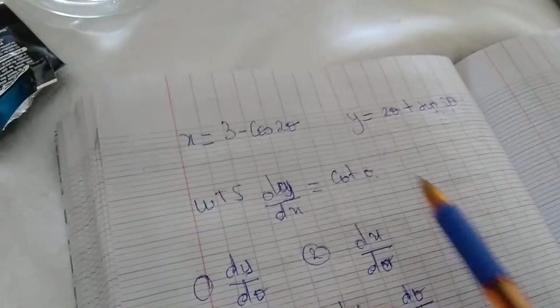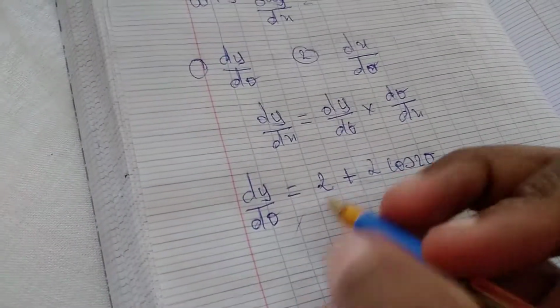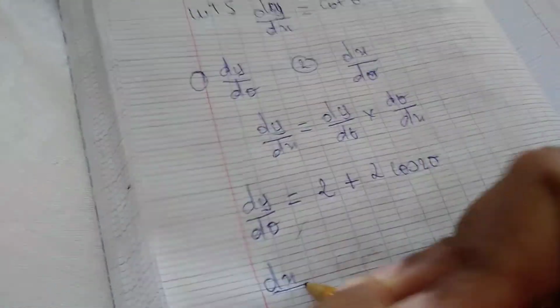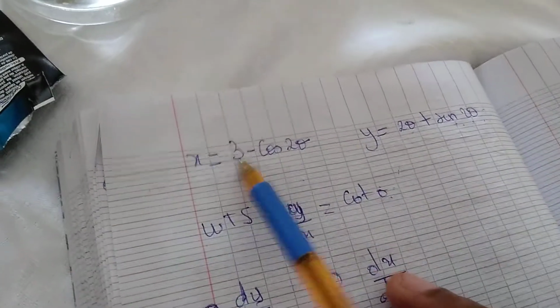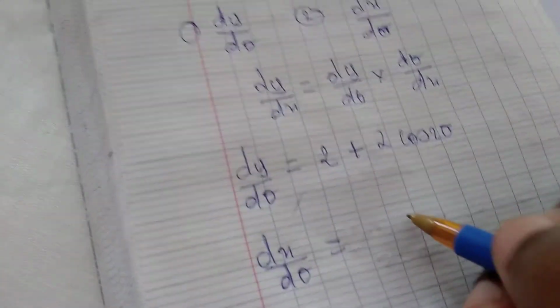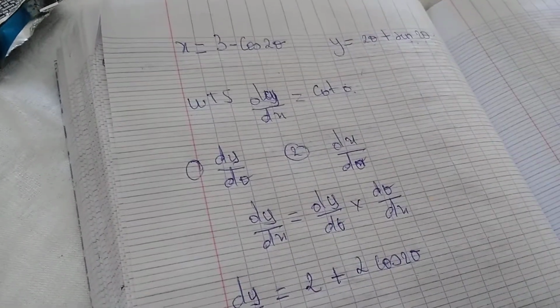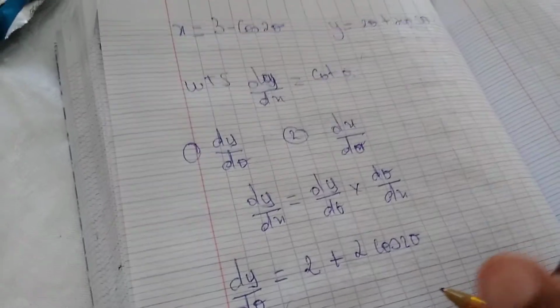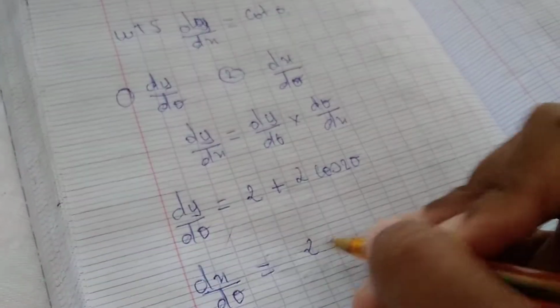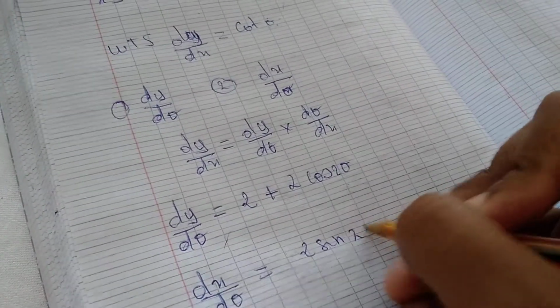Now dx d theta: 3 is a constant. Here you have a positive because when you differentiate cos, you get a negative sign. So this is negative and negative, and negative times negative is positive. So you get 2 sine 2 theta.